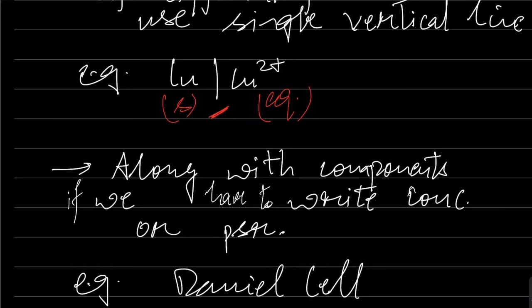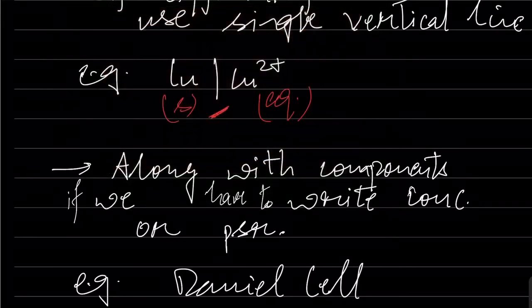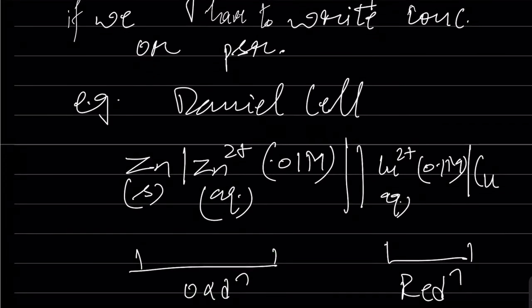How will we write it? For example, the concentration of zinc 2 positive ion is 0.01 molar and the concentration of copper 2 positive ion is 0.01 molar. So how will we write it?